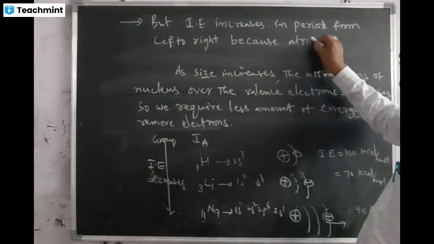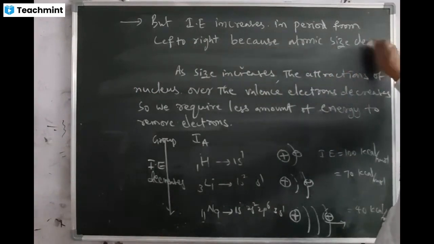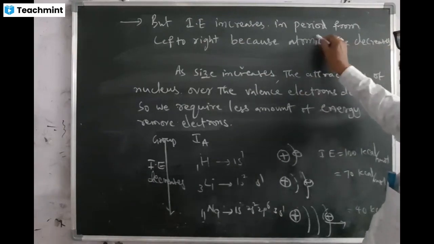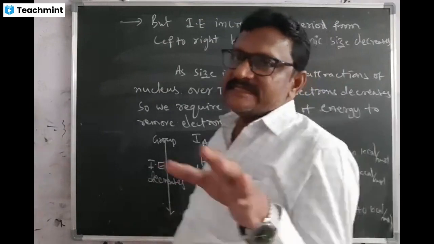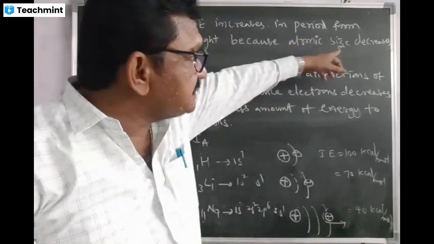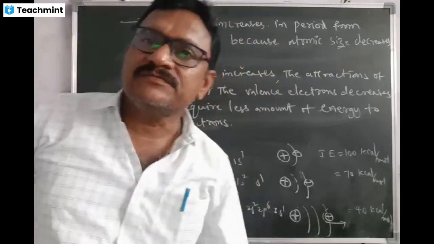Understood? If size increases, ionization energy decreases. If size decreases, ionization energy increases. That means they are reverse to each other.